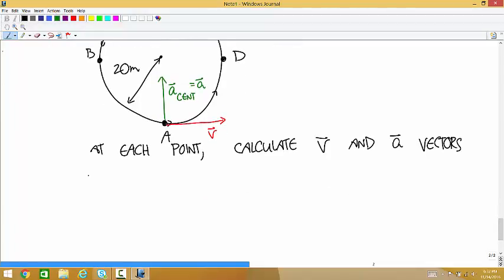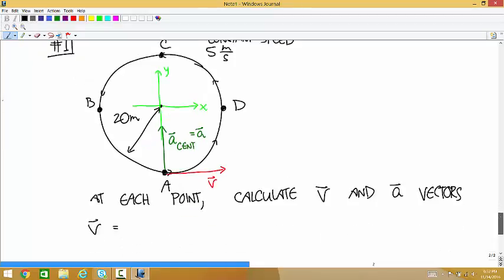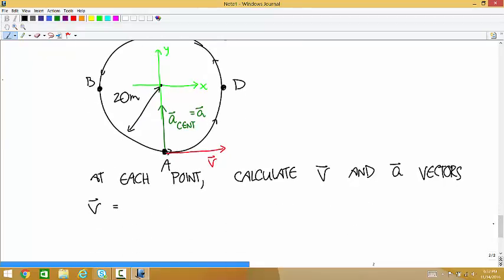So the velocity vector is the speed times the cosine and sine of whatever angle this is. I haven't chosen a coordinate system yet, but let's use this one. So the velocity is, well, that velocity vector is in the positive x direction.